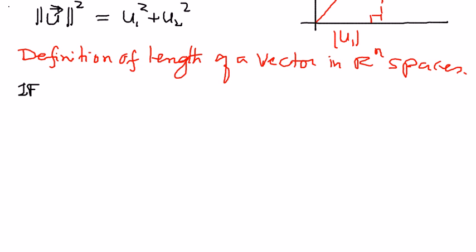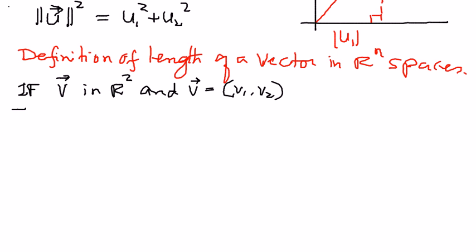If V is a vector in R2 spaces, and vector V has components v1 comma v2, then the length of the vector is given as the square root of the individual components raised to the power of 2 under the radical sign, v1 squared plus v2 squared, like that.